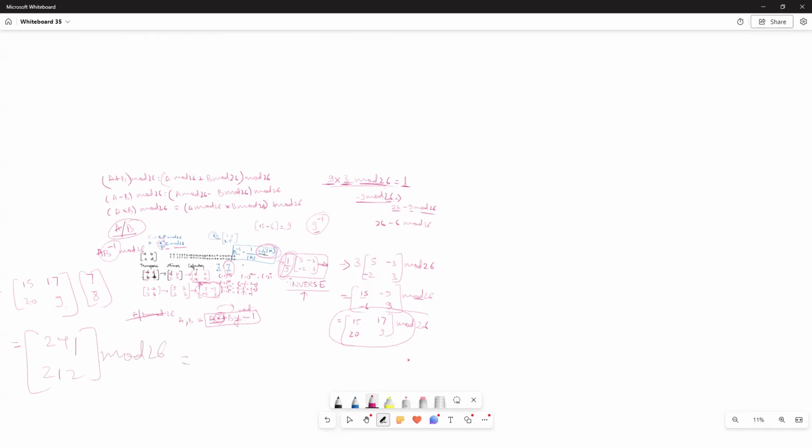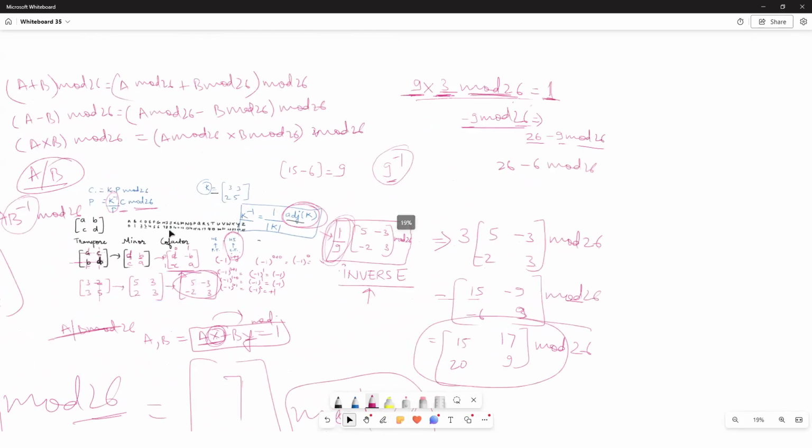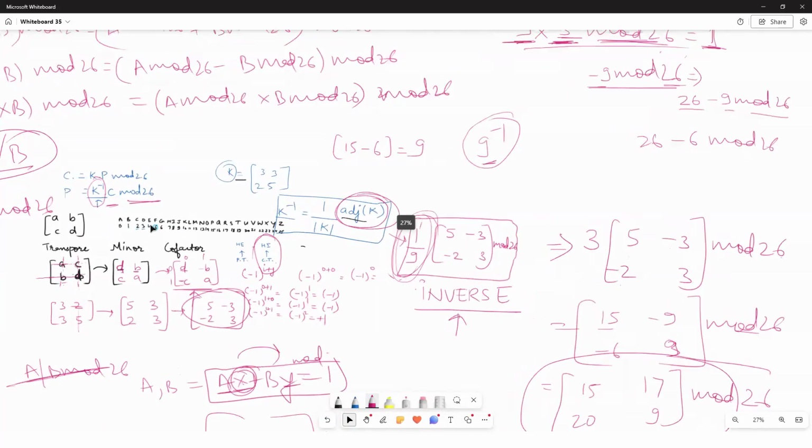If you further solve this, 241 mod 26 would be 7, and 212 mod 26 would be 4, which is 7 and 4 under mod 26. And 7 corresponds to H and 4 corresponds to E.